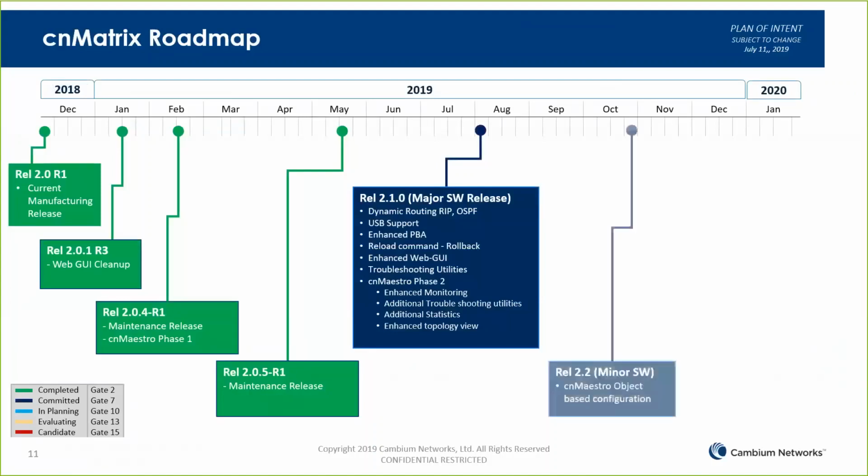After our 2.1 release, we have another software release coming out in the end of October timeframe. This is release 2.2. This is a very important release for us. Small little box, but very, very important. This is where we build upon our cnMaestro support. Today with cnMaestro, you can onboard, register, monitor, configure, and troubleshoot.